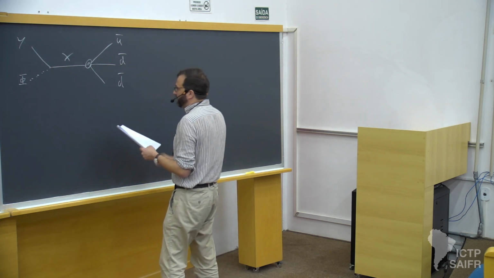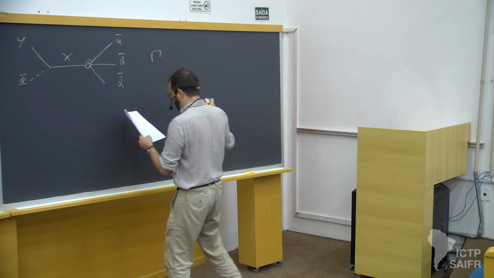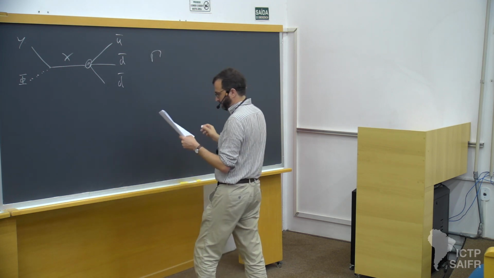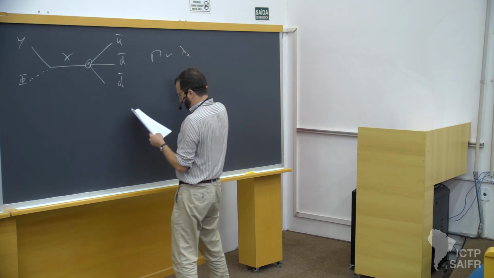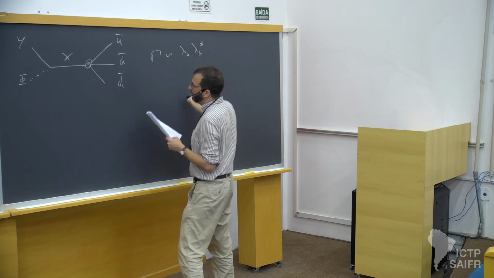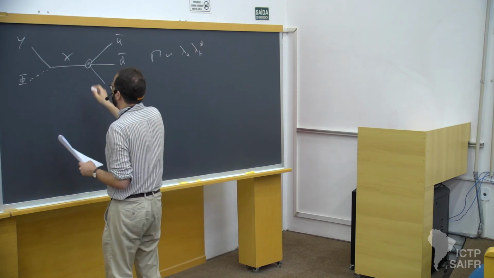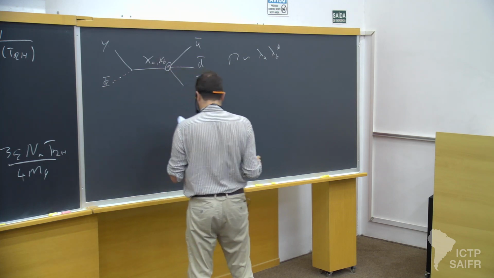So you can estimate this sort of rate. We'll just estimate this dimensionally, right? So you put in the relevant couplings. So you have different X_A, X_B here possible, yeah?